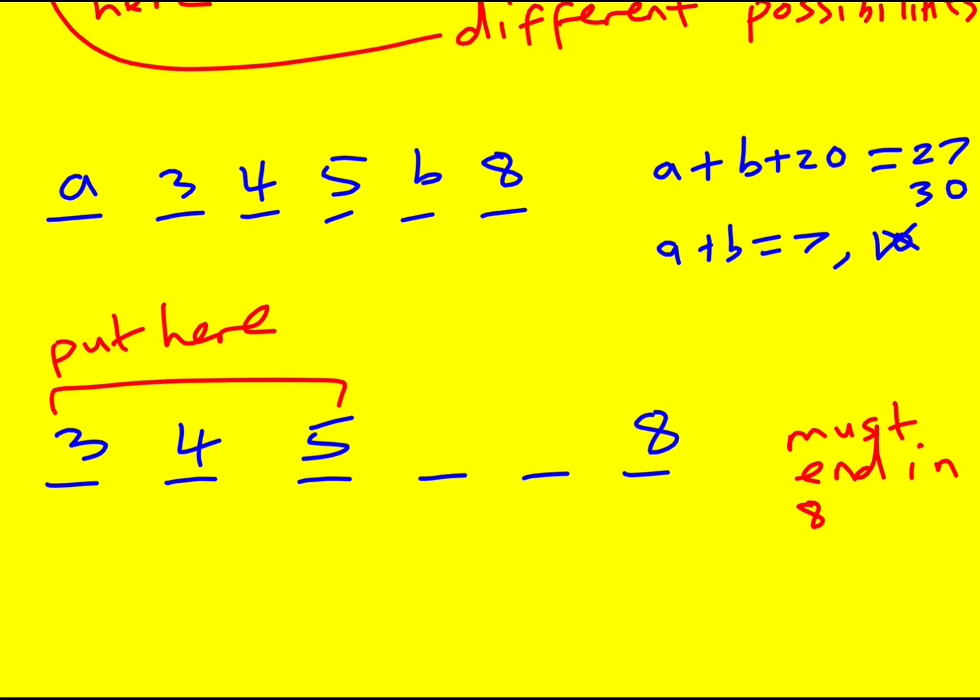Can't end in a 6. Right, and then actually all that leaves as our only possibility is 6 and 7. So digit sum, I've got 10, I've got 18, I've got 20. Actually, you can already see it's going to be a multiple of 3 because it's going to be 18 plus 15, which is 33.